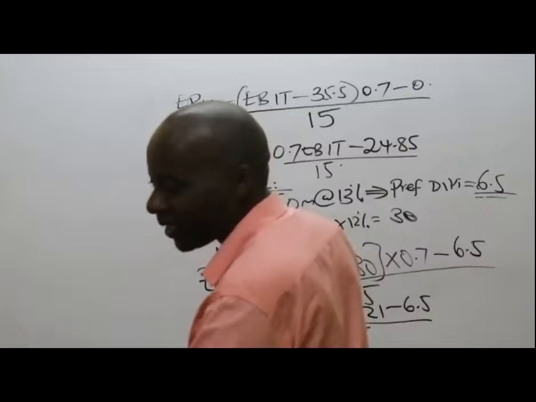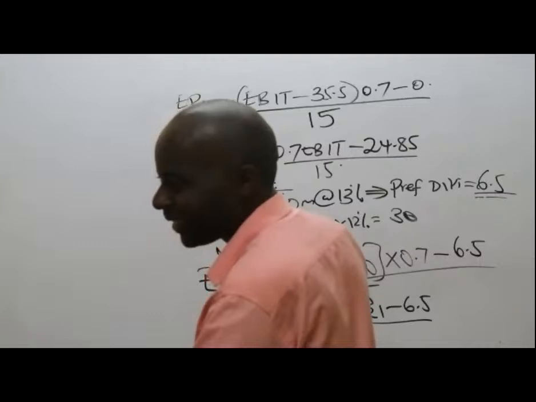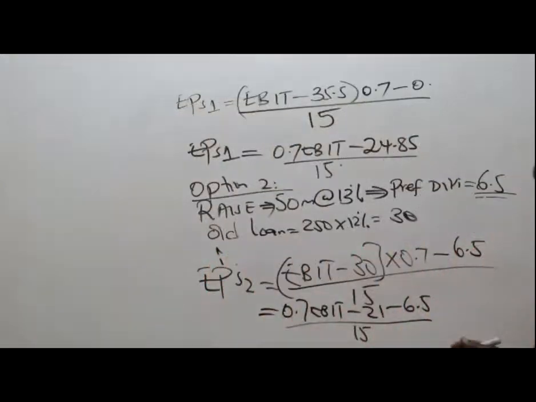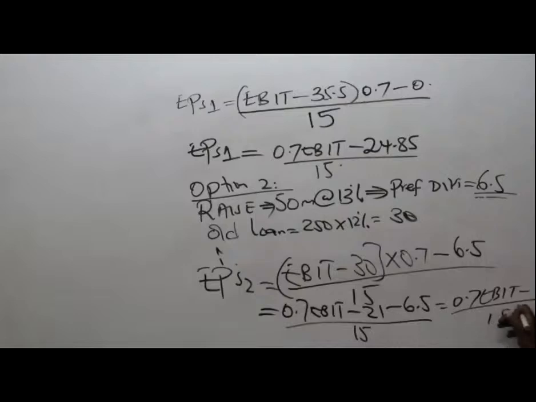Umekataa, no present. So inakuwa 0.7 EBIT minus 27.5 all over 15, like that. Nimeandika mali bodi ionekane vizuri.